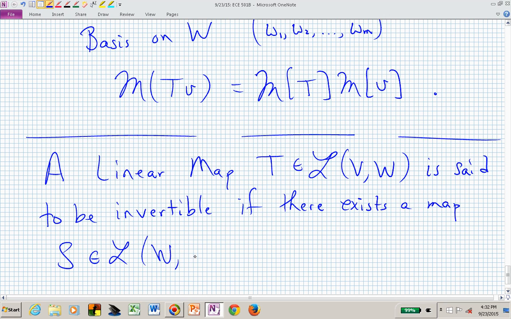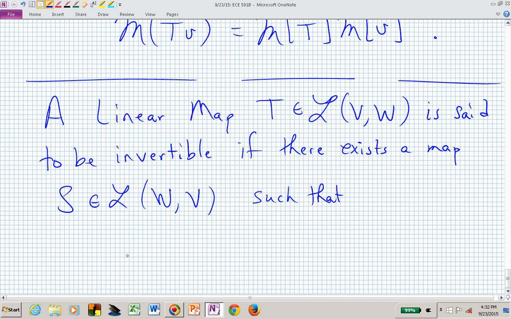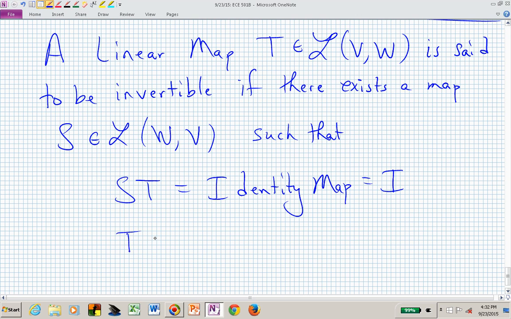It now is going to be mapping what was the codomain into what was the domain, W to V, such that ST is the identity map, which we might just label as I, or TS is likewise the identity map.